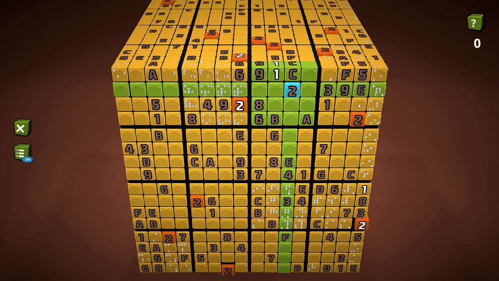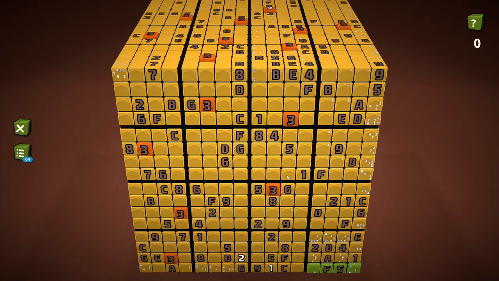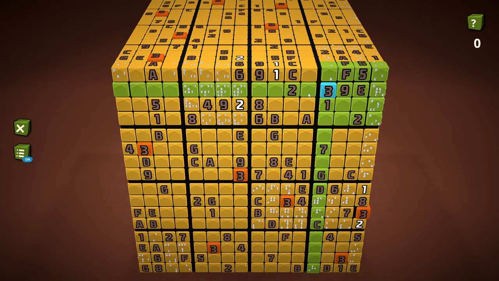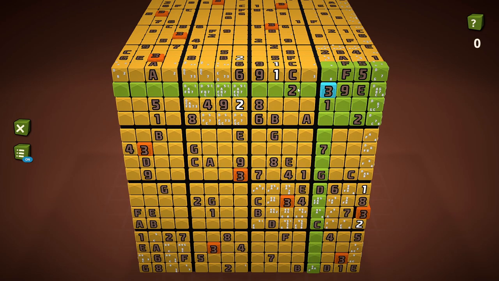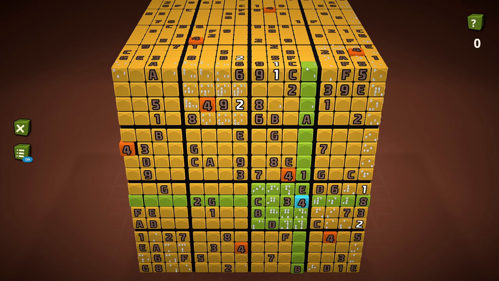Alright, this square. 1, 2, 3. Could be up here. Let's be here or here. 4 was a 4. No, no, no. So the 4 has to be over here.